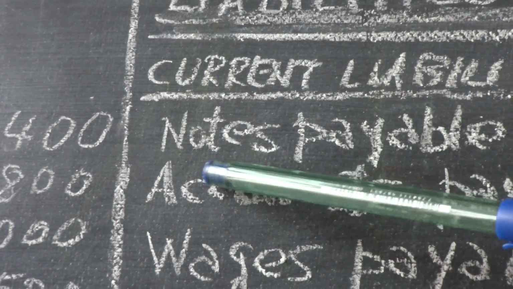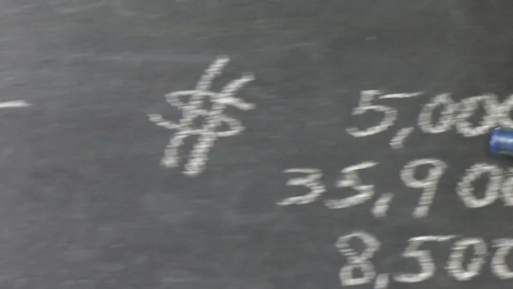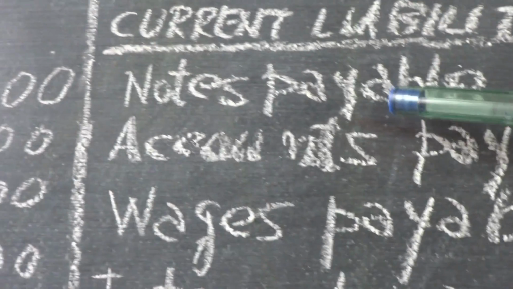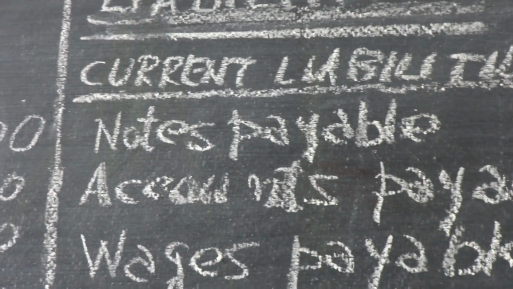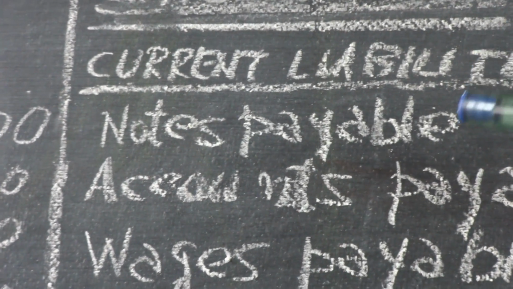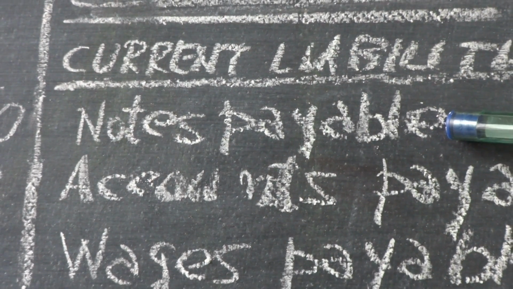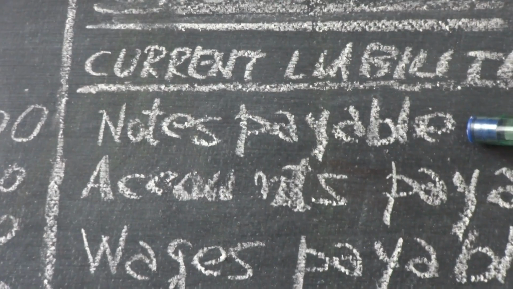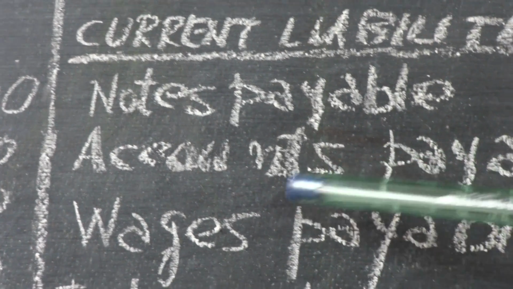It's composed of notes payable by $5,000. The notes payable are the commercial documents the Bright Corporation has signed to banks to pay its loans in a short time.